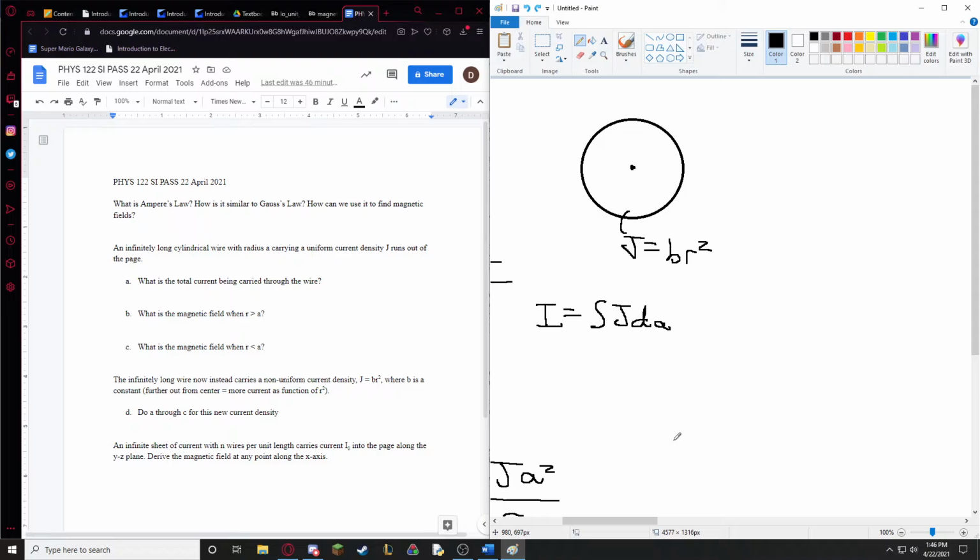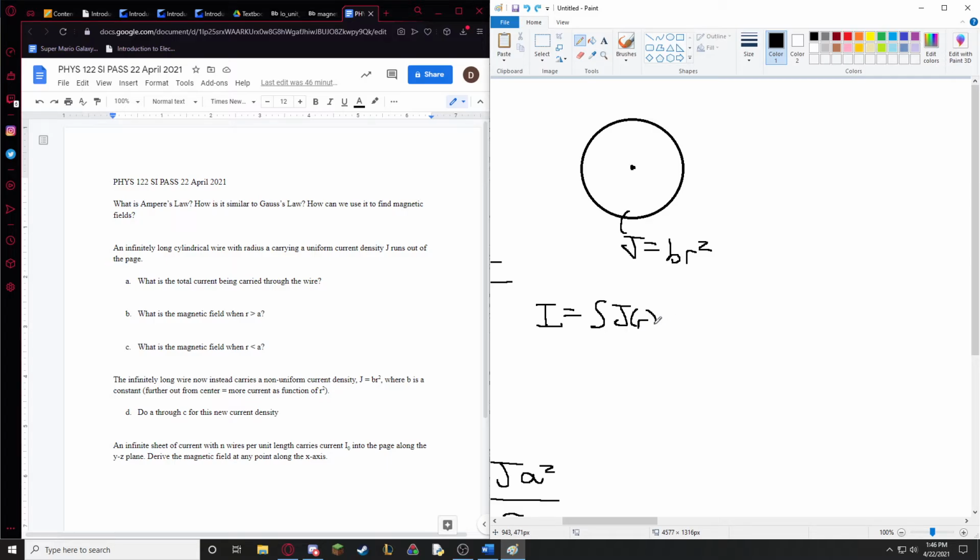So how would we solve this? Go ahead, William. No, I don't have anything. I was just going to say, you said that J is not a constant. It's a function of the radius, right? Yeah, so I can write this as J of r.